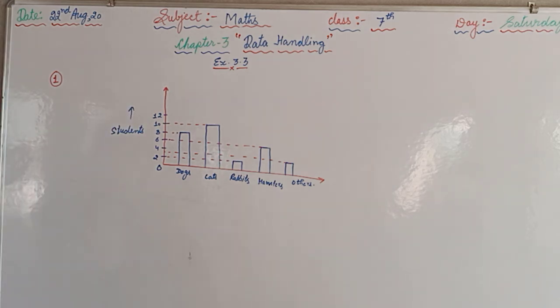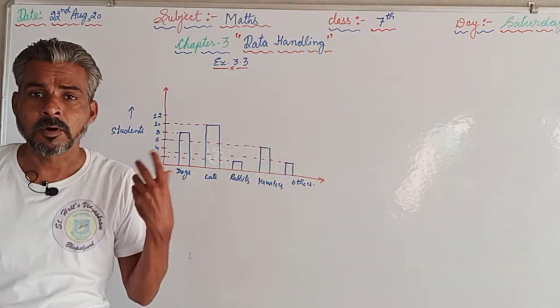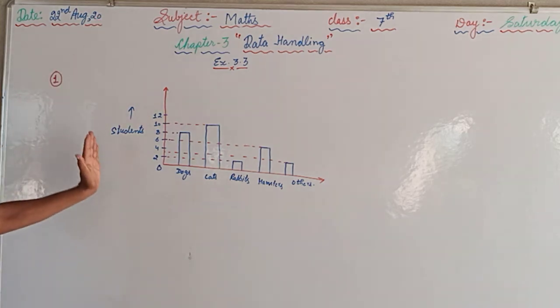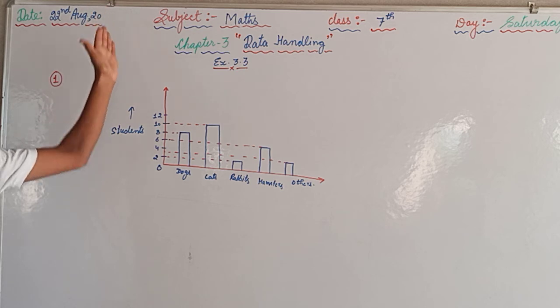So which is having the highest polygon? That is cats. Means 10 students of 7th class own a cat. So the higher the polygon, the higher will be the observation taken on the vertical axis.